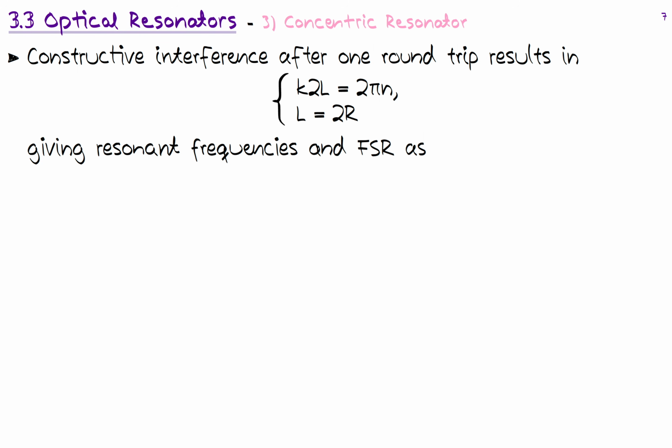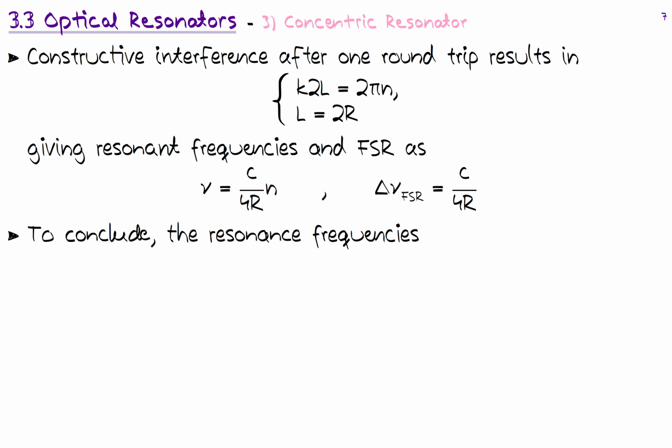This gives us resonant frequencies nu_n equals c divided by 4R times n, assuming identical mirrors, and the free spectral range is given by c divided by 4R. So these equations give us the behavior of a concentric resonator in terms of understanding where we have the resonance peaks and what the free spectral range is.